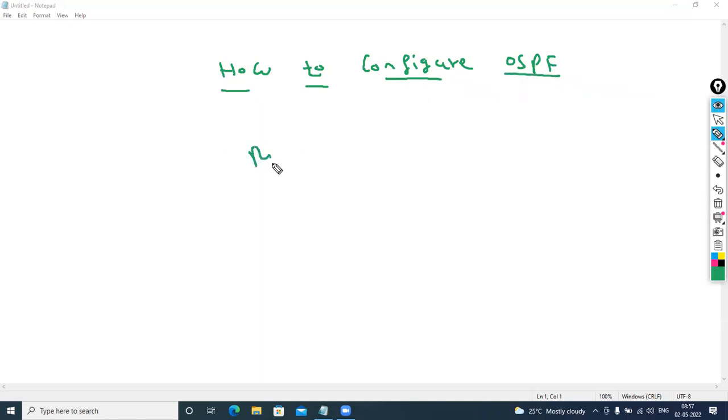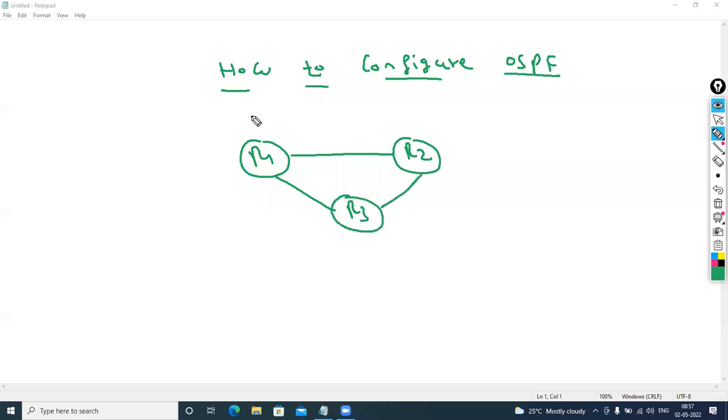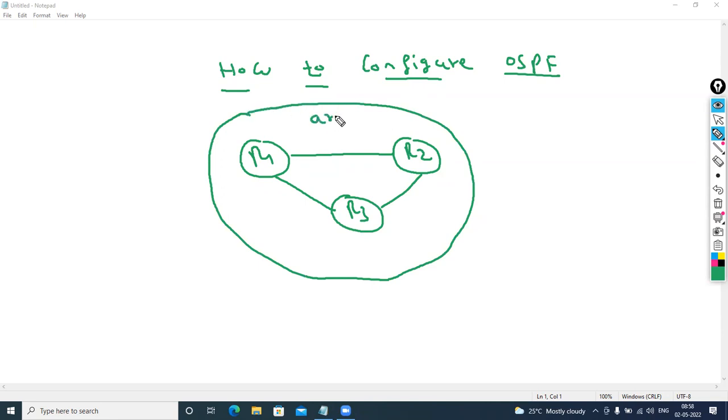So let us consider we have all of them in areas. This is 192.168.12.0/24.